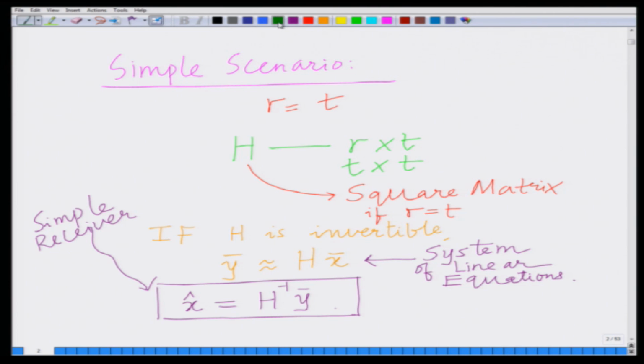So, what we are saying is basically if r is equal to t, that is the number of receive antennas is equal to the number of transmit antennas, then the channel matrix H is a square matrix, and therefore, if H is invertible at the receiver, I can simply perform H inverse of y, and from H inverse of y I can obtain x.